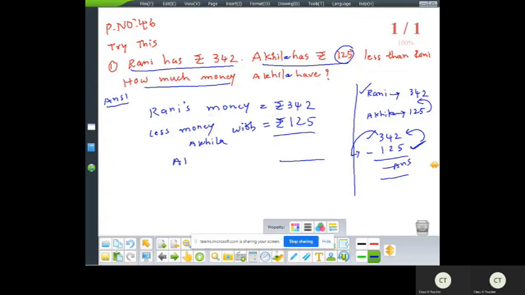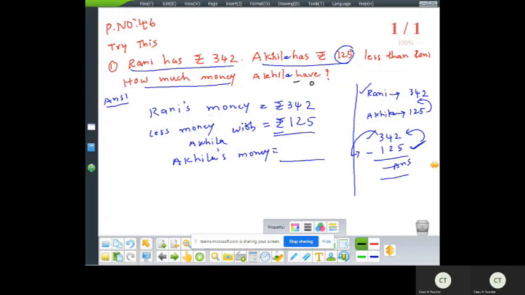So it is 342 less 125. Less means subtraction.